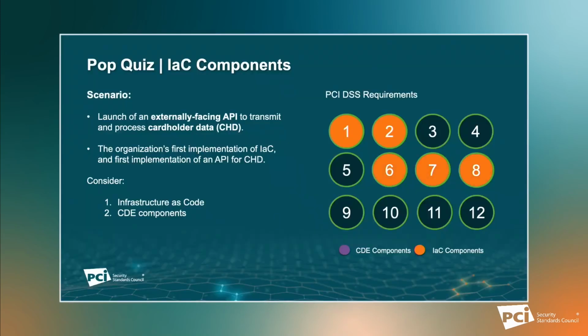Likewise, access requirements will need to change to protect system components from non-infrastructure as code changes, so requirements 7 and 8 are applicable. The infrastructure as code components also need to be logged and tested, so 10 and 11 are applicable. And then there's also a scope change that needs to be recorded for 12.5, plus if you're using a cloud repository solution, that's a new service provider for 12.8.